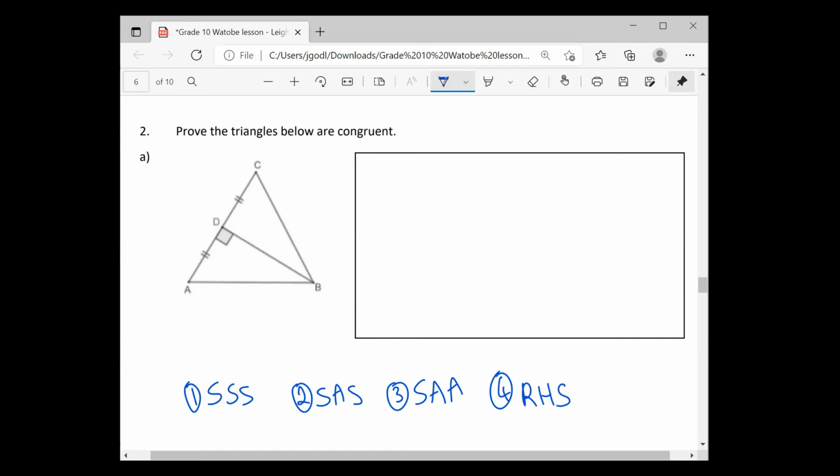So try and remember your steps, identify your triangles, have 3 reasons, write your conclusion, and let's see how this goes. Always start with the ones that have been given to you because that's the easiest way to start. So either angles or sides that have been given to you.